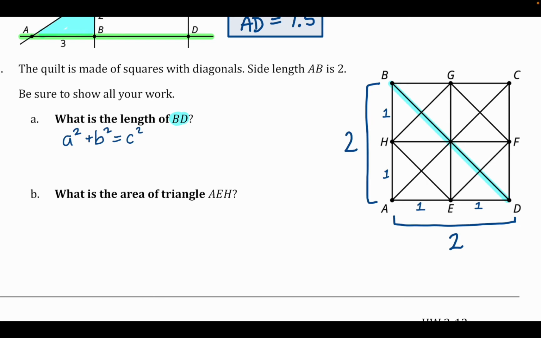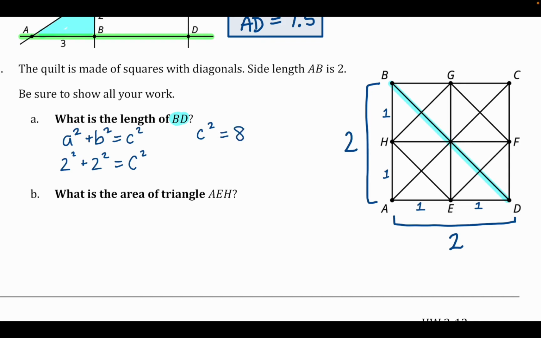And I can say that each of the legs is 2, so 2 squared plus 2 squared should be equal to c squared. So that means c squared, well, 2 squared is 4, and 4 plus 4 is 8. So that means that c squared is 8.